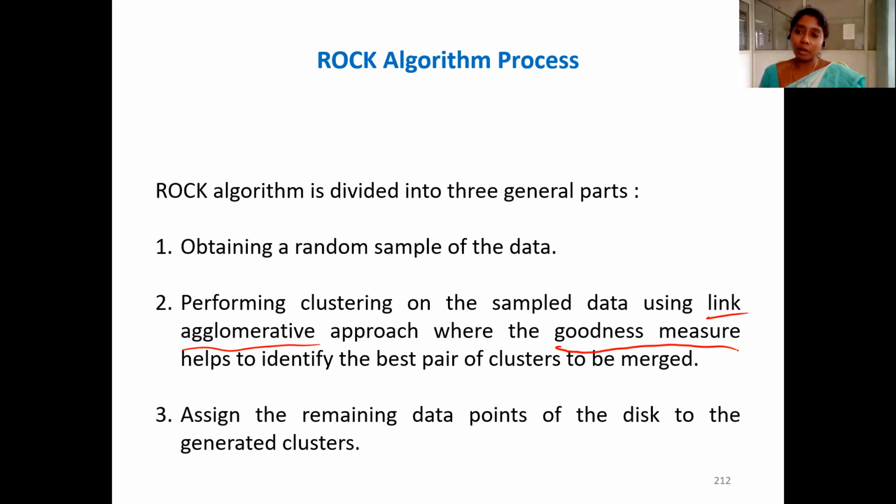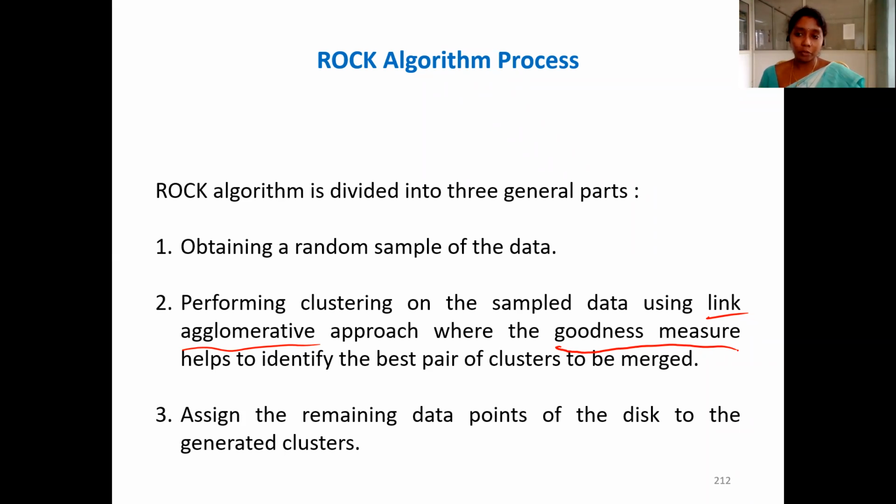So what is the agglomerative method? In the agglomerative method, we have some number of initial clusters. That means each point is considered as a cluster, right? And after going through a certain number of iterations, we merge the clusters. That process is repeated until a certain criterion is satisfied.